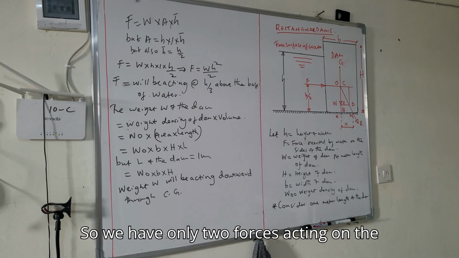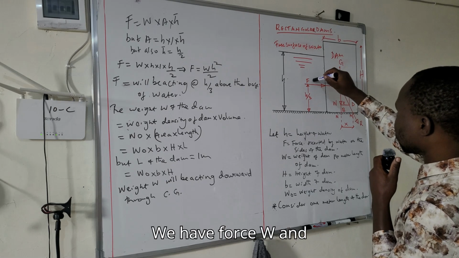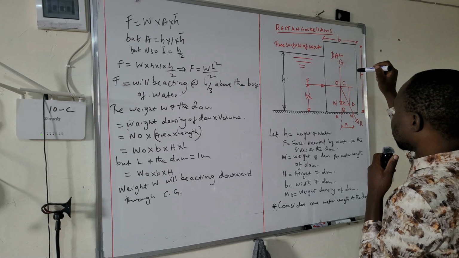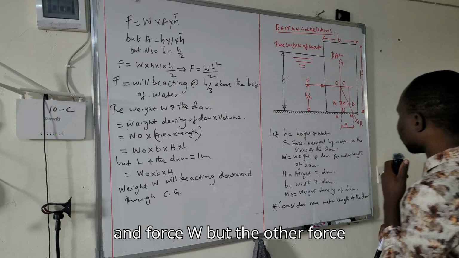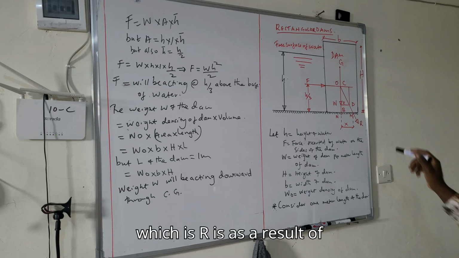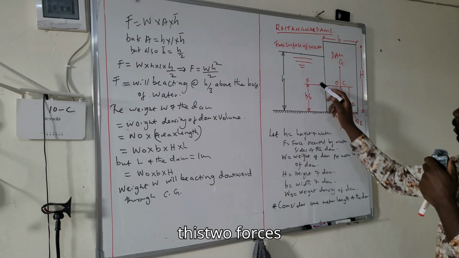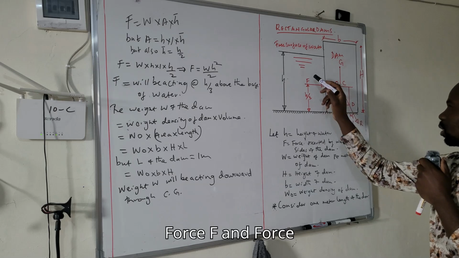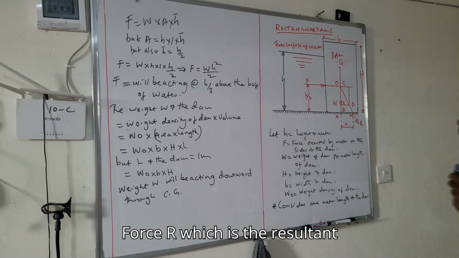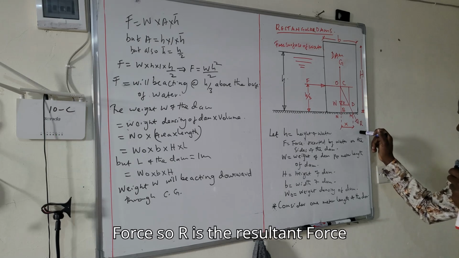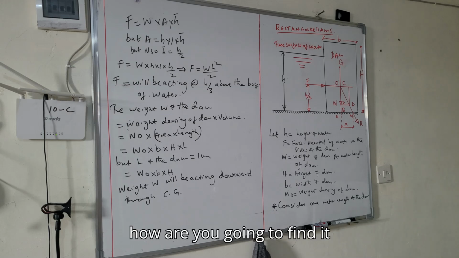So we have only two forces acting on the dam: force W and force F. But the other force, which is R, is a result of these two forces, W and F. So how are we going to determine this force R, which is the resultant force? How are you going to find it?